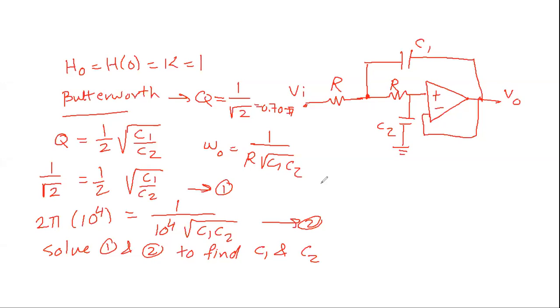Okay. So design is to find all the components of this Sallen-Key circuit that satisfy the conditions given in the question. Okay. Any question about this?